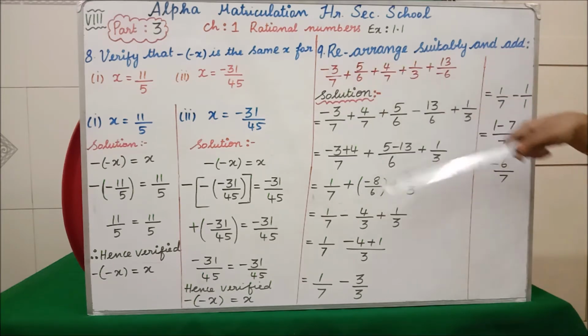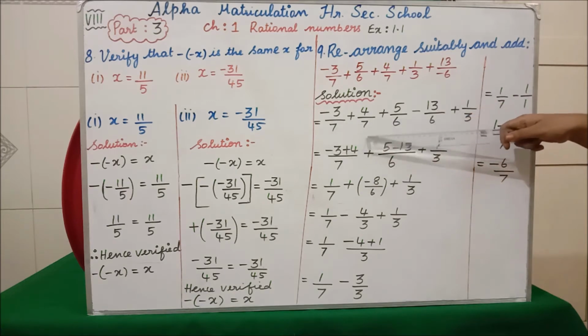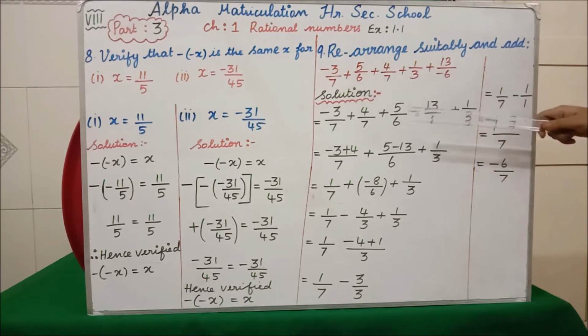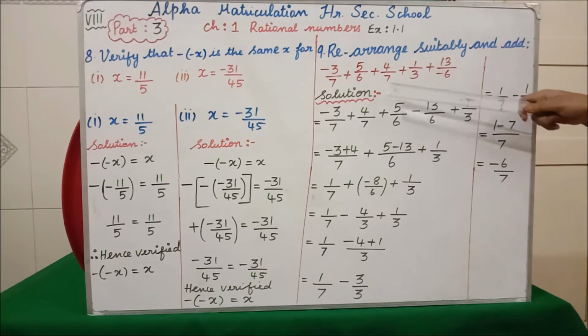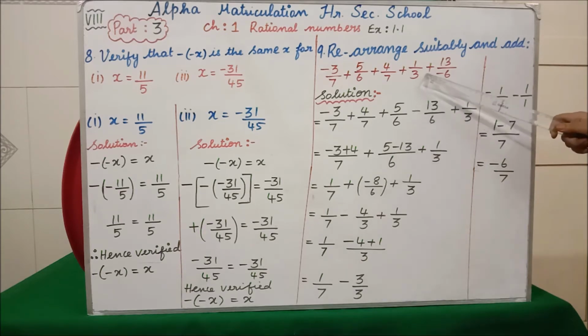Now leave this 2. Next is plus 5 by 6, write that. Is there any other 6? Here we have it. Students, why have I written minus 13 by 6? Here a plus sign is there and here a minus sign is there.